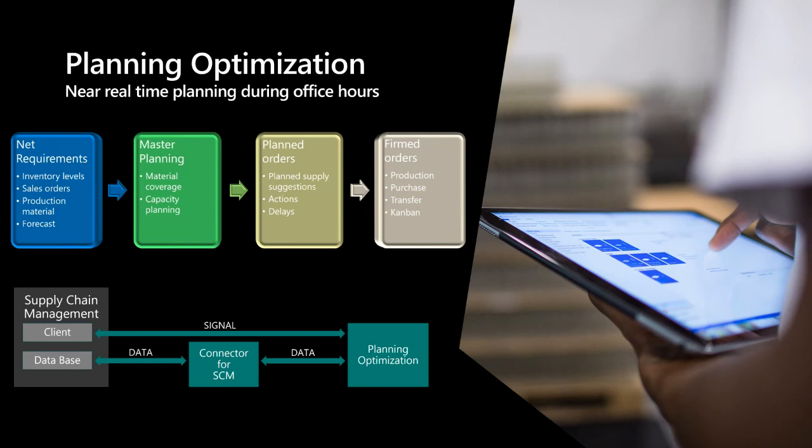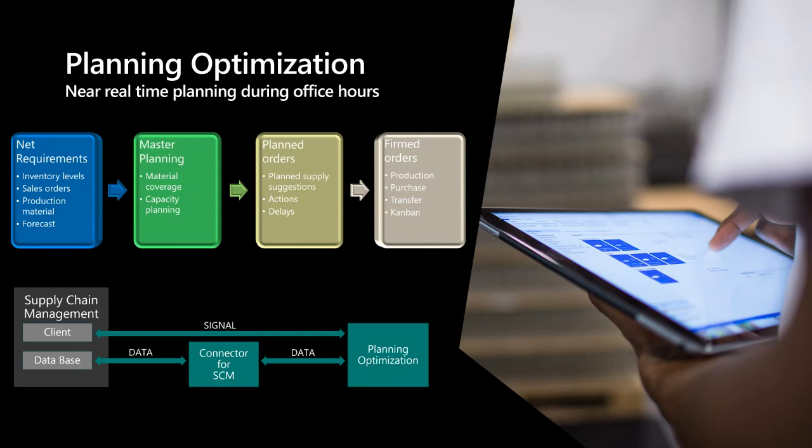The master planning is responsible for generating things like planned orders, actions, delays, and basically figuring out what material you need to fulfill your demands, and basically taking care of your supply. And that also includes scheduling, which I will get back to a little later in the roadmap. But this is where we are in the application.